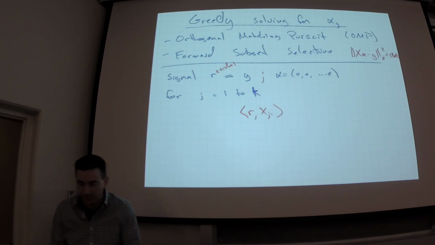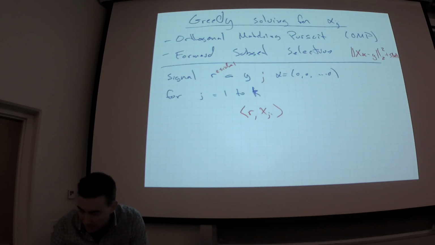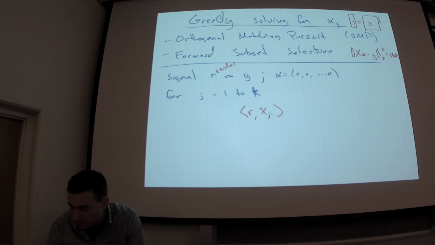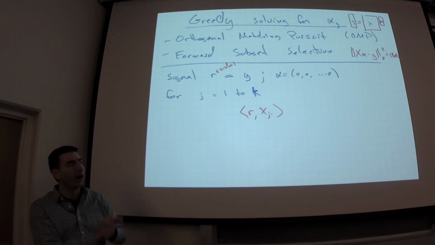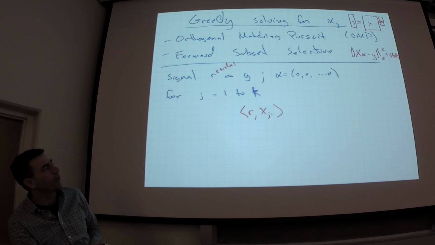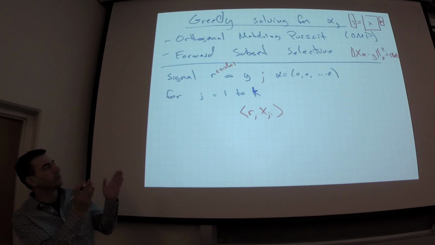If I look at my model up here again, I've got this y, which is supposed to be equal to x times alpha, and y is equal to r here.